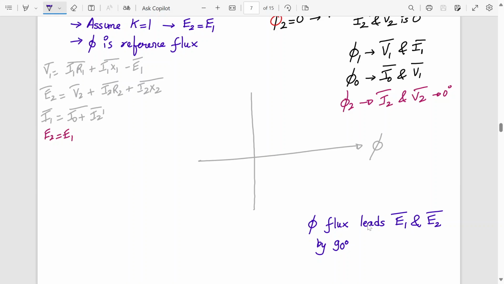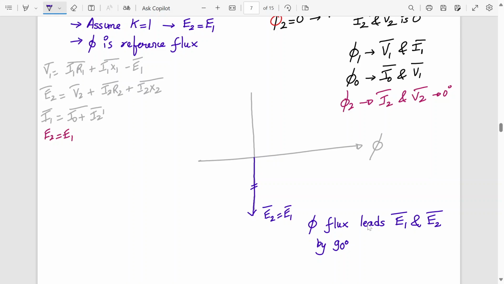Below, because phi is leading. Flux phi is leading E1 and E2, right? So E1 and E2 cannot go up. Up means E1 and E2 is leading phi by 90 degrees. So this is clear. And E1 is equal to E2.